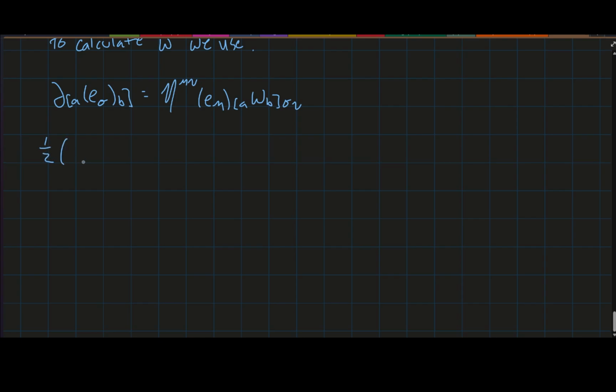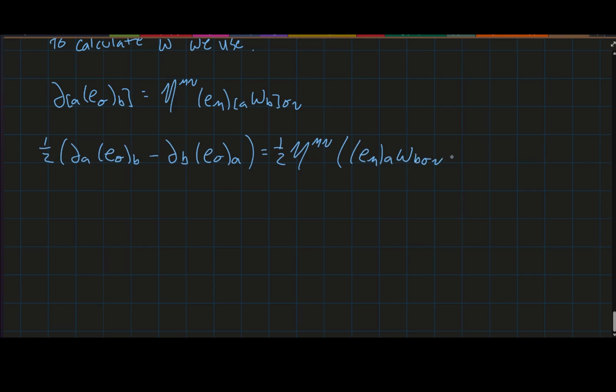We get 1/2 del A E sigma B minus del B E sigma A equals 1/2 eta mu nu E mu A omega B sigma nu minus E mu B W A sigma nu.